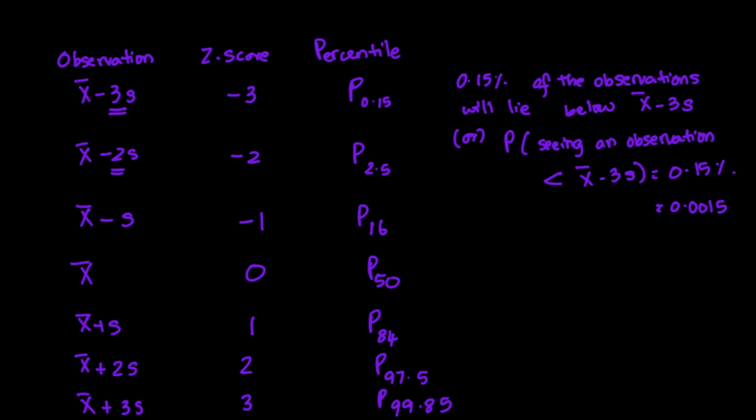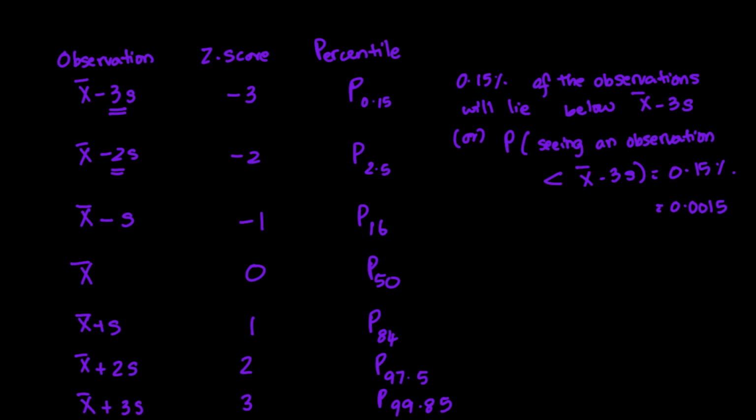Now, you can write statements similar to what I just wrote for each and every one of these cases, and you can just change x bar minus 3s to something else, say x bar minus 2s, and associate it to a probability.